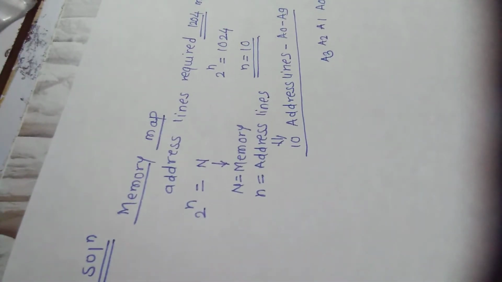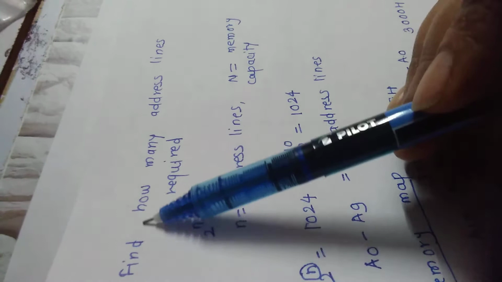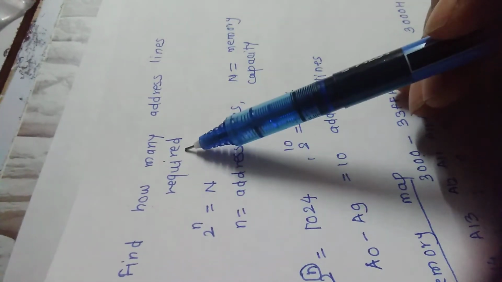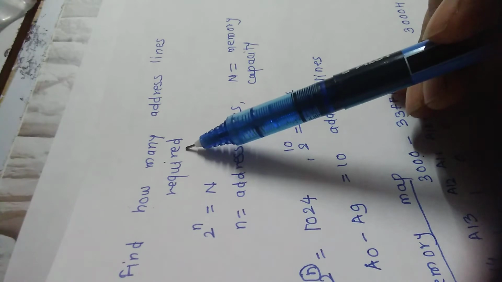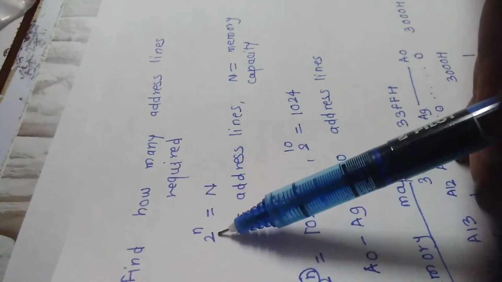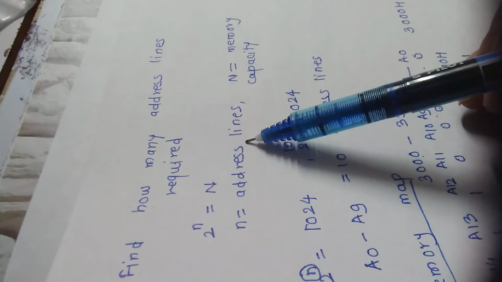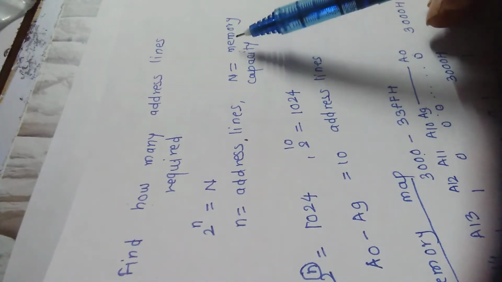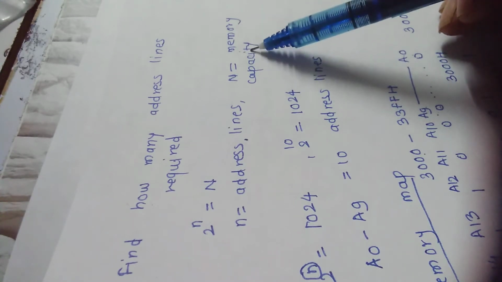Now for the solution, first I need to find how many address lines I require to interface 1K memory. For that, I am using a formula here: 2 to the power n is equal to N, where small n is the number of address lines and capital N is the memory capacity, or how much memory we interface.